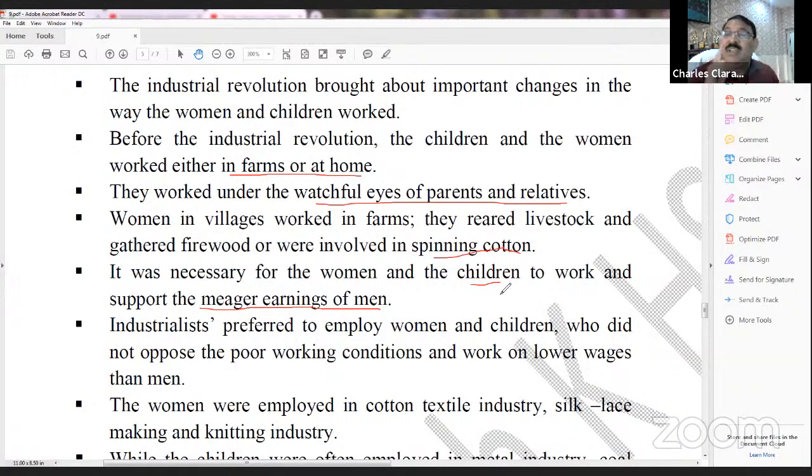Always remember, in any nation, you are the decision makers. You should see that a man gets at least that amount of money that he can support his children. Even if both he and his wife are working, they should be able to support their children. That is the amount of money you should get. That's how it should be calculated.